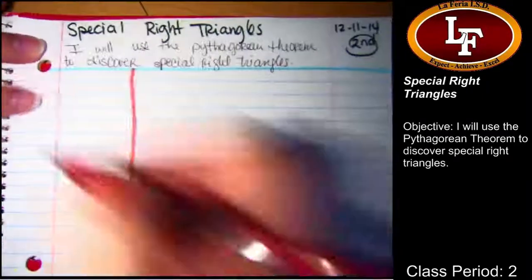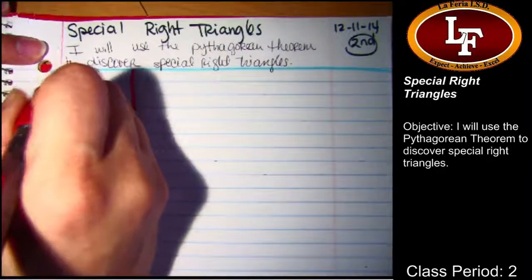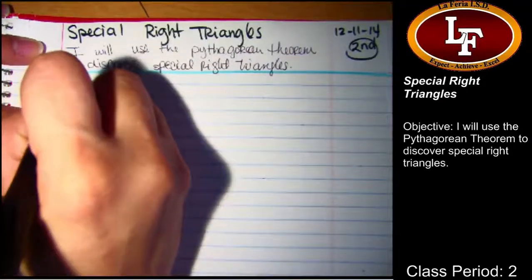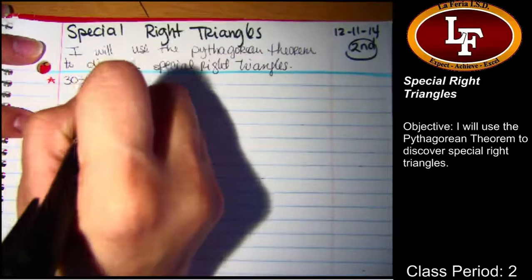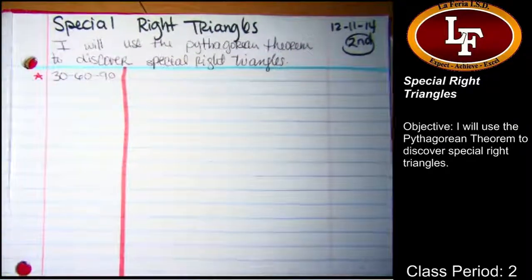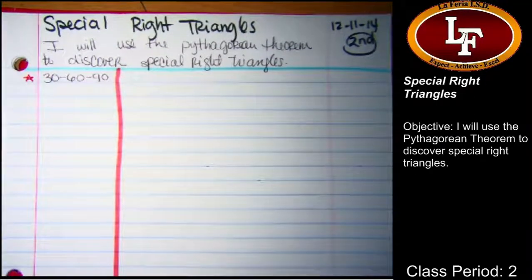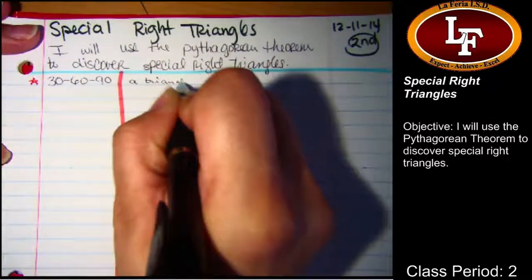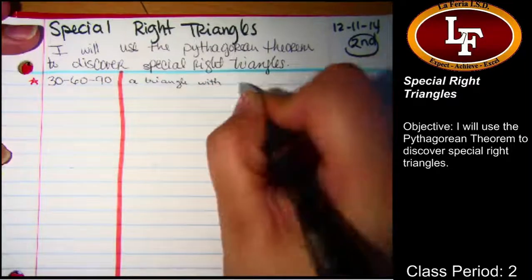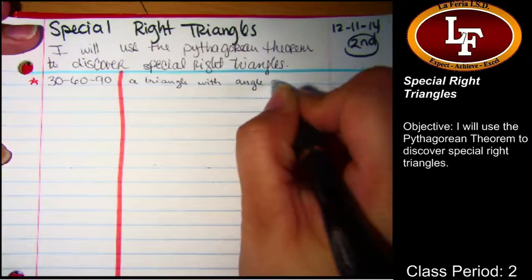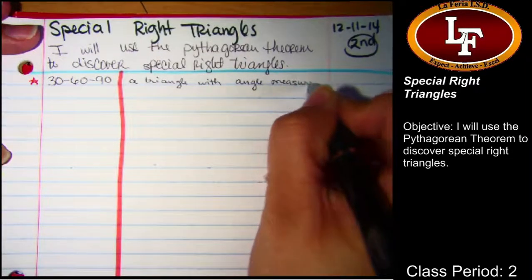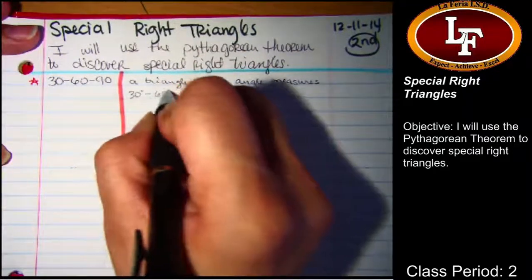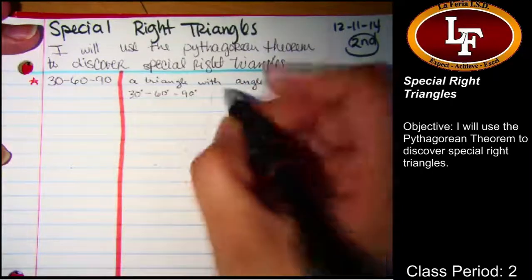Here we go. We're going to talk about some special right triangles. And the first one is called 30, 60, 90. And it's called the 30, 60, 90 triangle because it is a triangle with angle measures 30 degrees, 60 degrees, and 90 degrees.